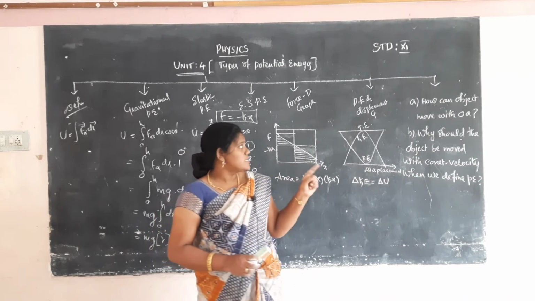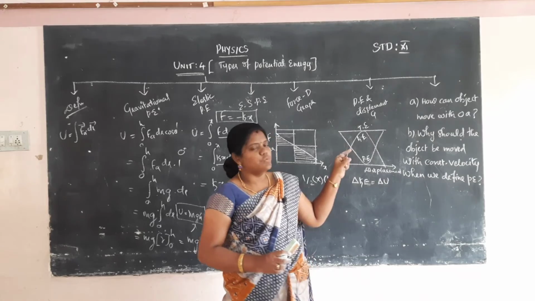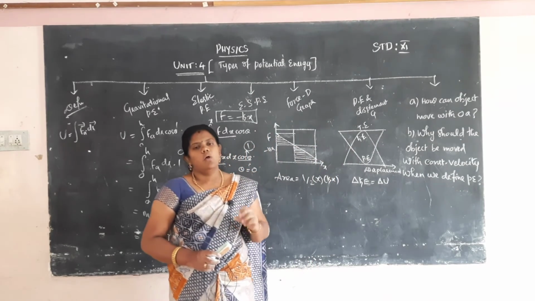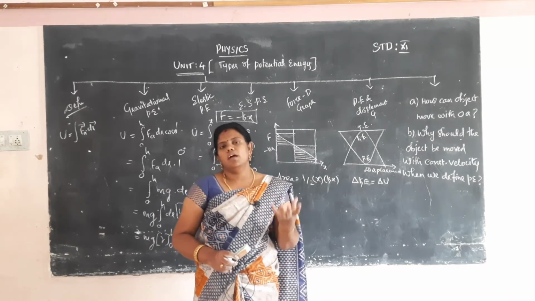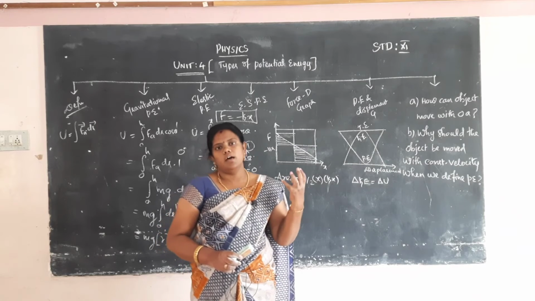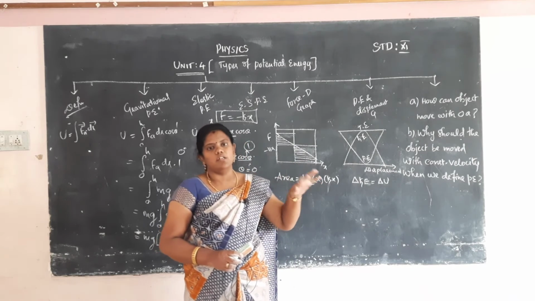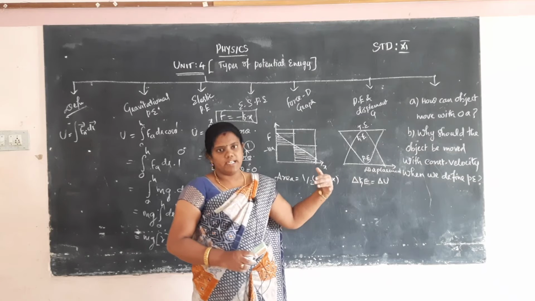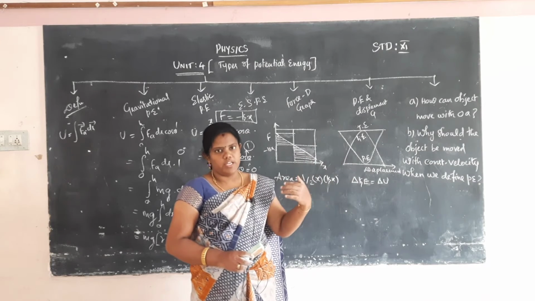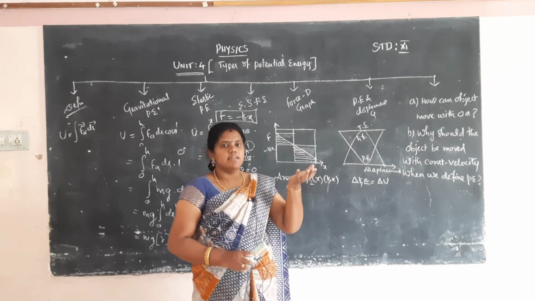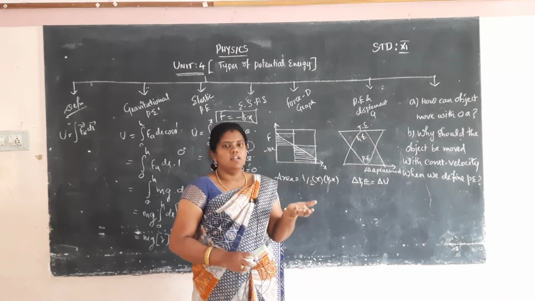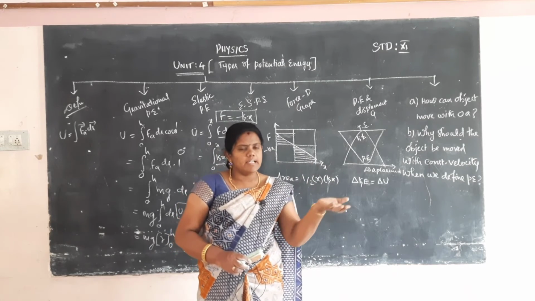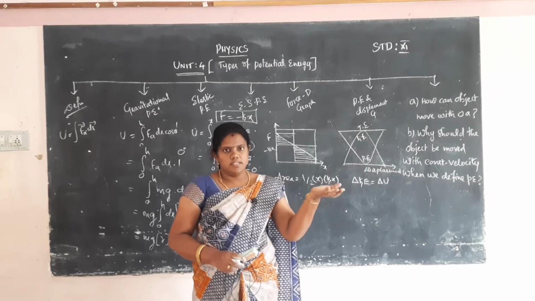But the question is, how can an object move with zero acceleration? One object is moving with some velocity. One force is applied to the object so that it moves. Oppositely, one force is applied to the body, and the object having some mass and some speed will continuously be in motion, isn't it?